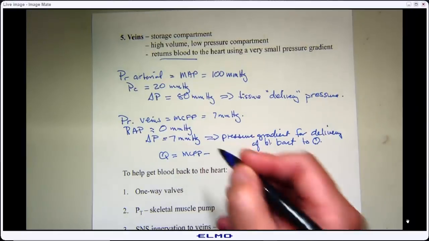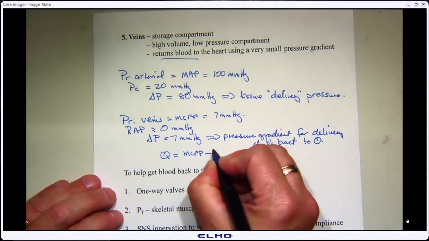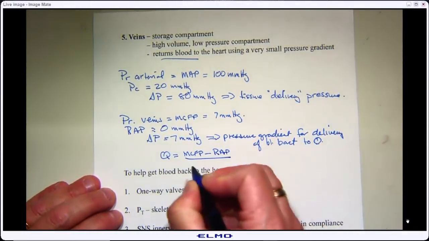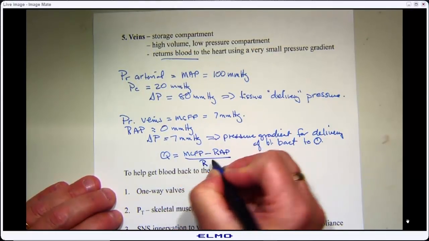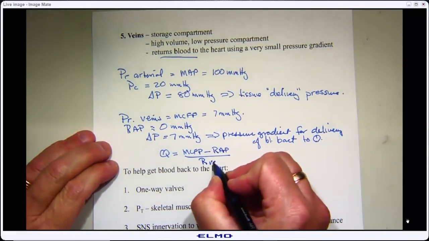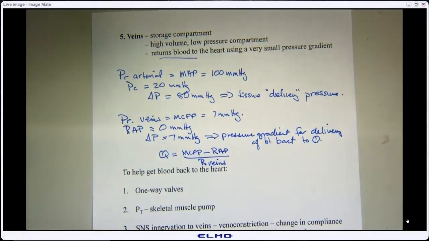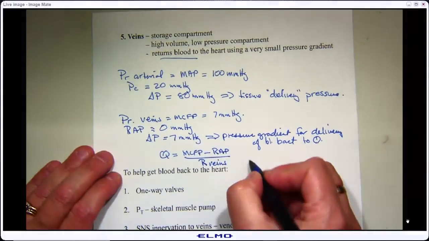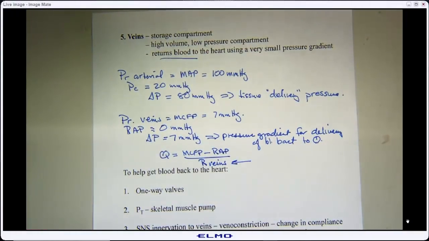Right, my P1 is going to be mean circulatory filling pressure. My P2 is going to be right atrial pressure. And then flow will be inversely proportional to resistance in the veins. Because the numerator is so low, 7 millimeters of mercury pressure drop, for delivery of volume, resistance has to be wicked low. We cannot do anything to create resistance in this system on the venous side.